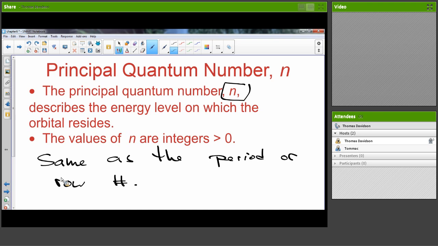We're talking the 4th row now, right? Or the 4th principal energy level. You with me? So when we're going to talk about these numbers, the first one is simply talking about what row the atom lives in. Good enough? All right. I'm going to go on even though you said no.